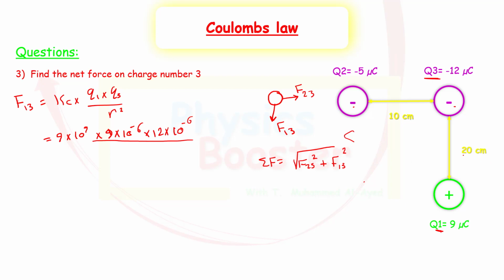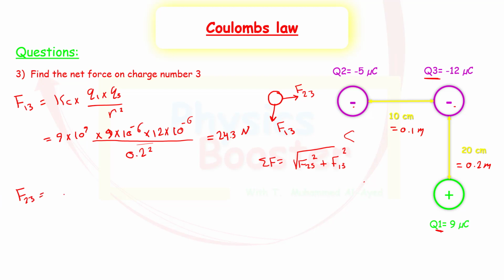Actually, the distance here is 20 centimeters, so it's equal to 0.2 meters. And here, so we don't forget, it's 0.1 meters. So we will say divided by 0.2 squared, and the answer is 24.3 newtons.